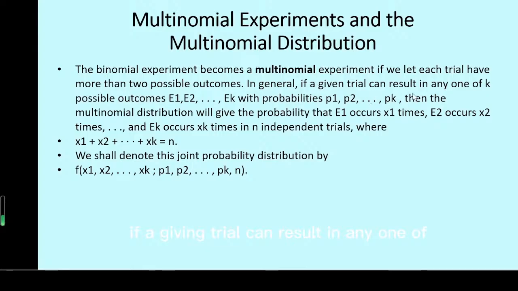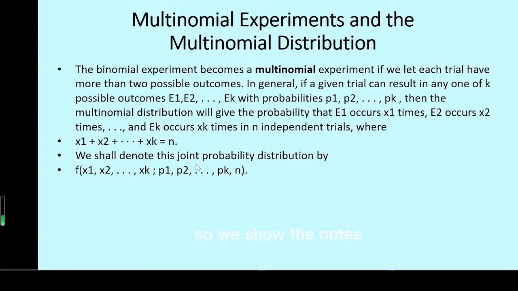If a given trial can result in any one of k possible outcomes E1, E2, Ek with probabilities P1, P2, Pk, then the multinomial distribution gives the probability that E1 occurs x1 times, E2 occurs x2 times, and Ek occurs xk times in n independent trials. And the sum of x1, x2, xk equals n.